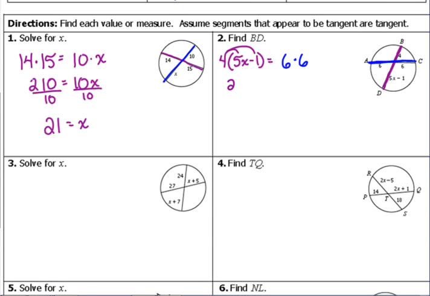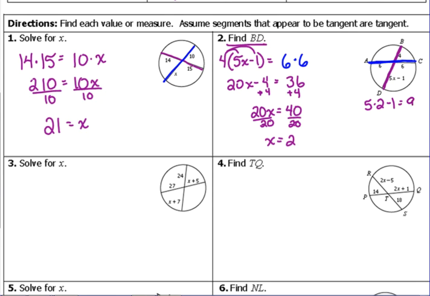So we get 20x minus 4 is equal to 6 times 6 is 36. Add the 4 to both sides. 20x is equal to 40. Divide by 20. So x is equal to 2, but that's not what they asked us for. They said find BD, so we have to plug that back in. 5 times 2 minus 1 is 9.